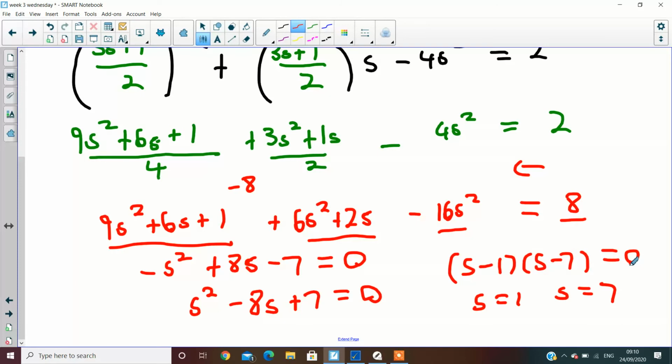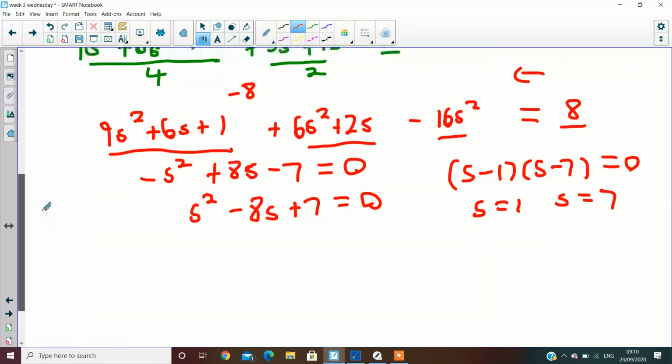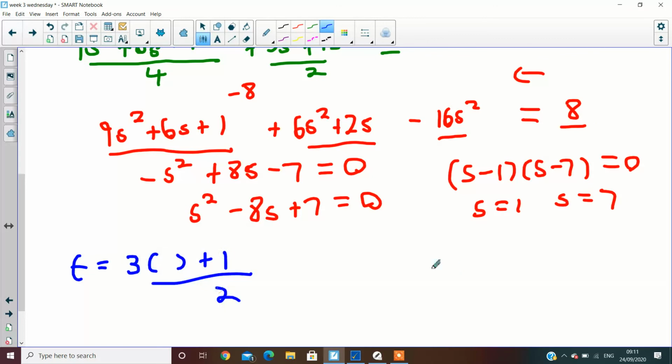I haven't got full marks yet though. What do I have to do next? What did we say earlier? t equals 3 times s plus 1 divided by 2.